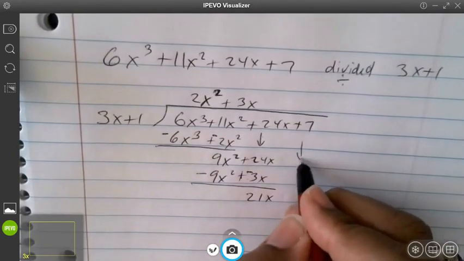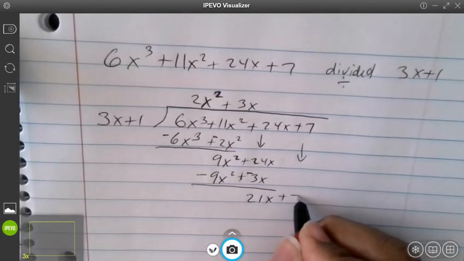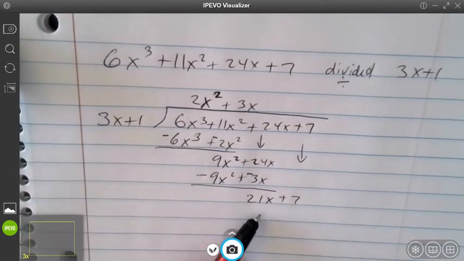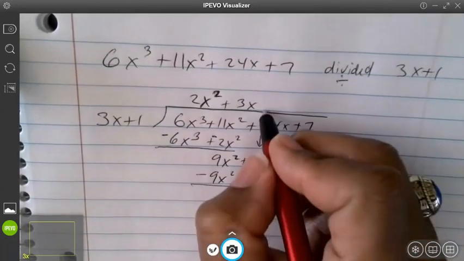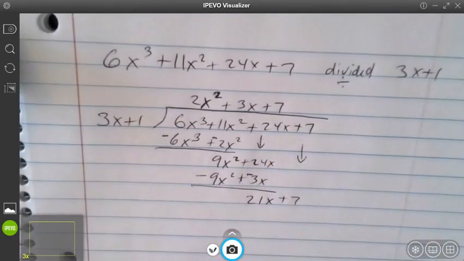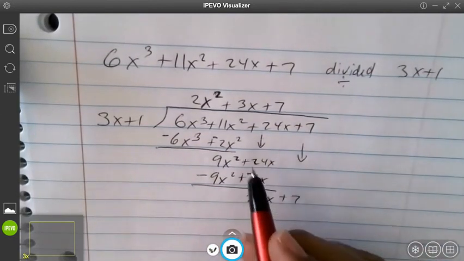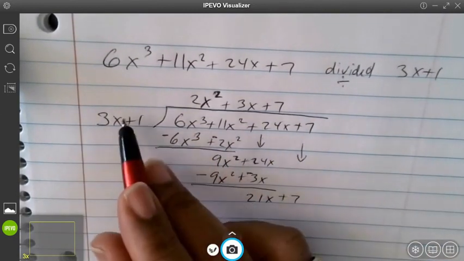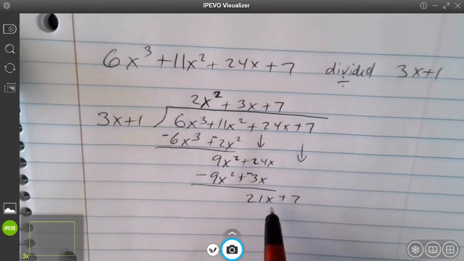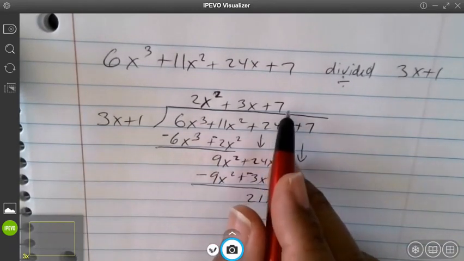Now let's again bring down the next term. Again, let's do the same thing. What times 3x will give you 21x would be 7, because 3 times 7 is 21. There's no x up here because there's nothing times x, 1 would just give you that x, so you don't add an x or anything at the end.